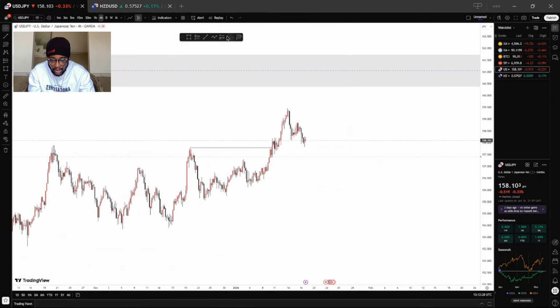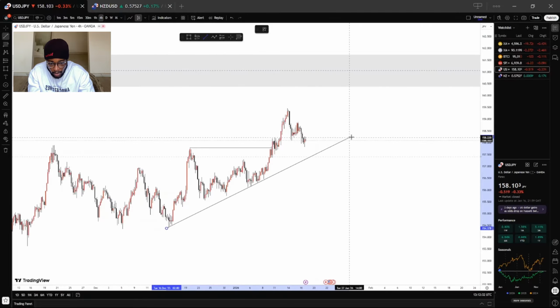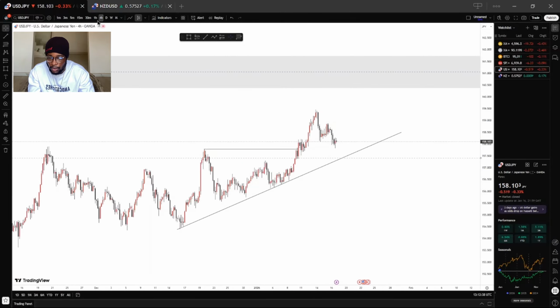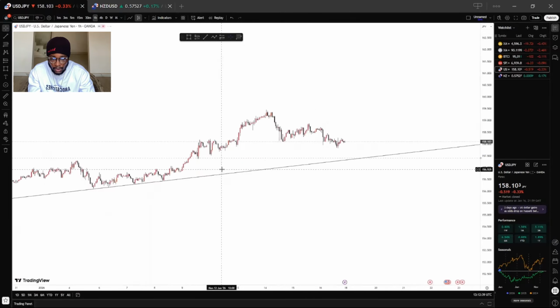There's a break of structure here. Price going to respect this trend, probably. Only one way to find out. Okay, and on the 1 hour, okay, this demand level has been mitigated.